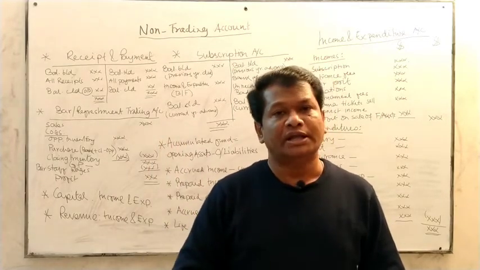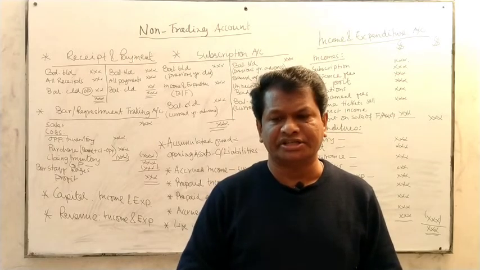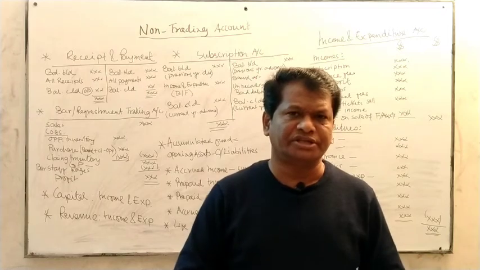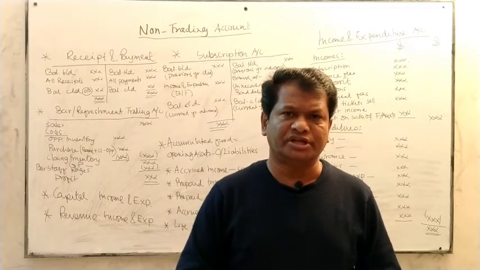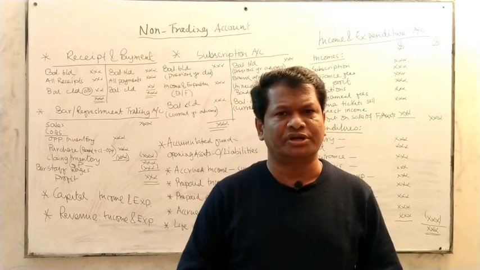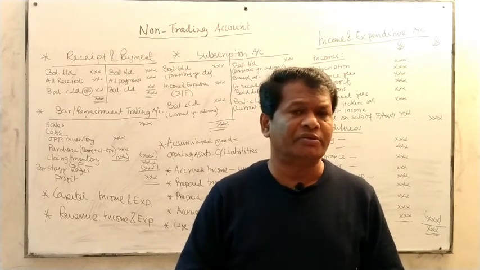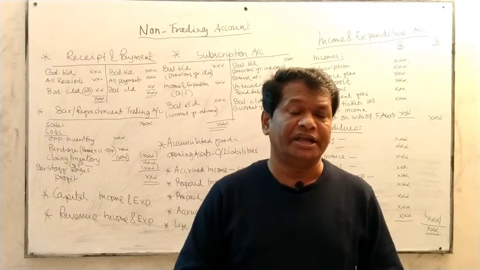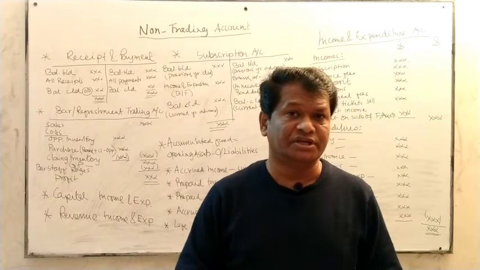Then you have to write the current assets. The current assets are sometimes different from a trading concern. In most cases we have the inventory. Obviously the closing inventory comes first in the current assets. Second is trade receivable. In most cases trade receivable is not available, but other receivable is available, maybe subscription in arrears, or subscription not yet received by the business.